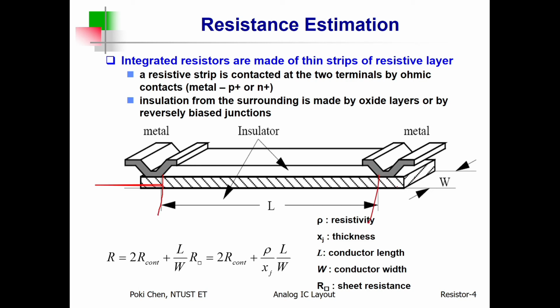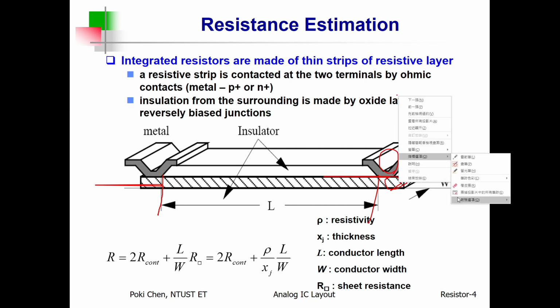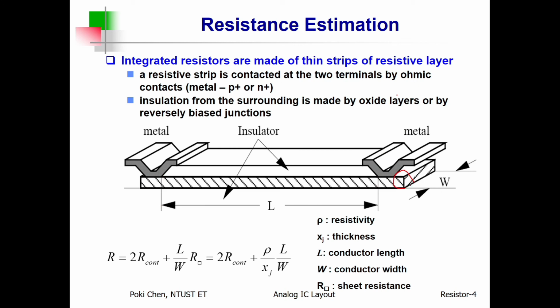Why? Because the other portion is either connected in parallel with such kind of metal contact, or is the extra tape. You can see the current won't flow in that direction.